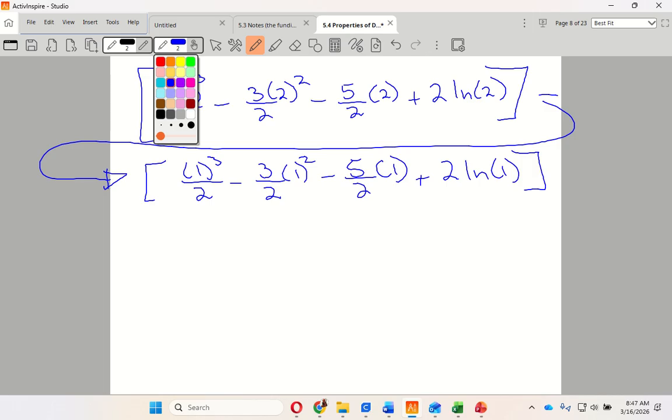Are we subtracting? Yes, we will subtract. If you notice, I have them in brackets for the top part minus the bottom part.